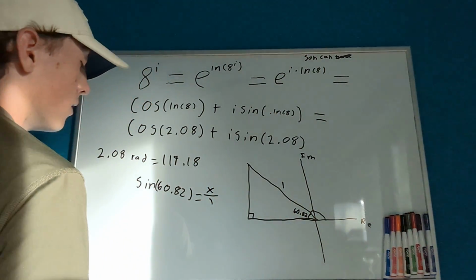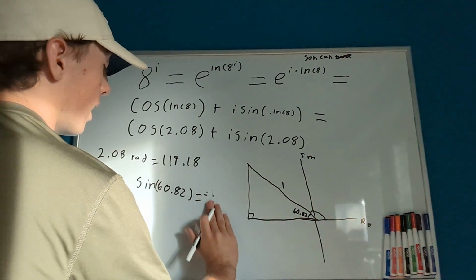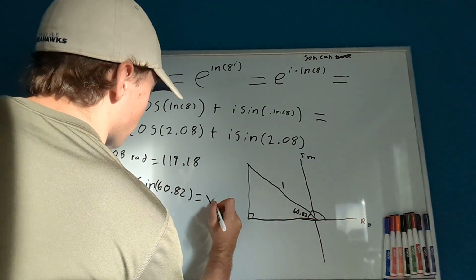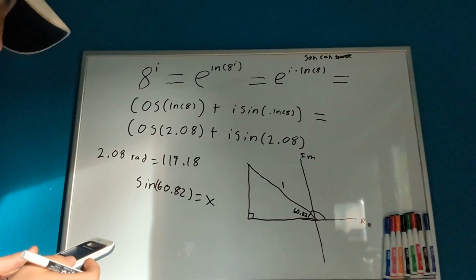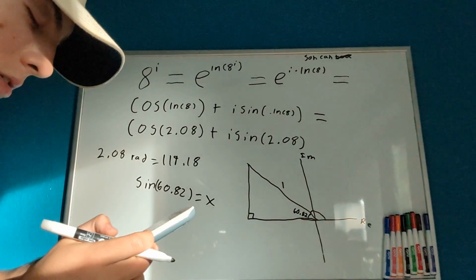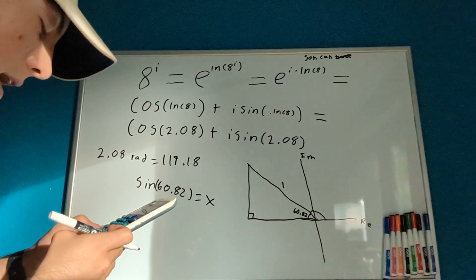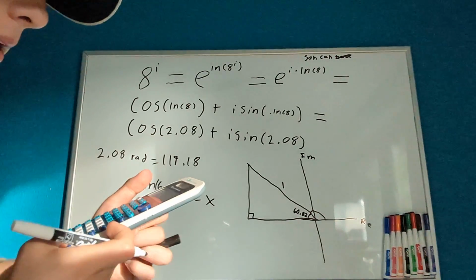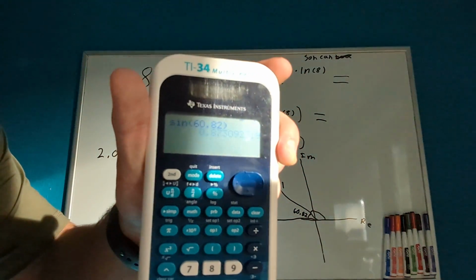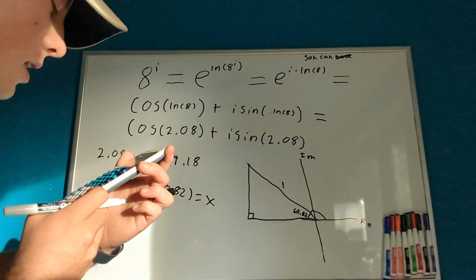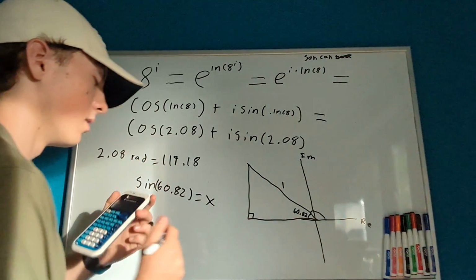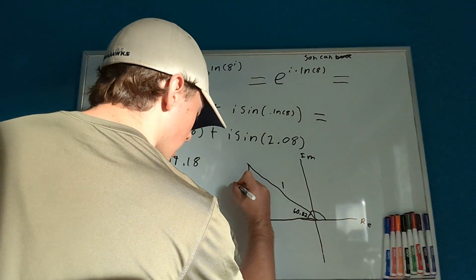Hypotenuse is 1, so the 1 can actually cancel out, and we can just say that x equals sine of 60.82, right? So let's take our calculator out once again. 60.82, we do that, and we get 0.87.